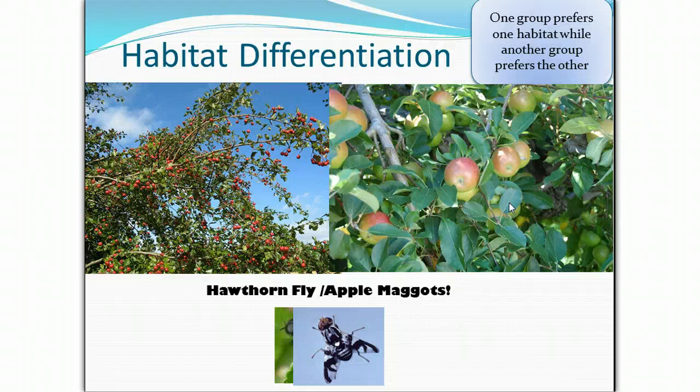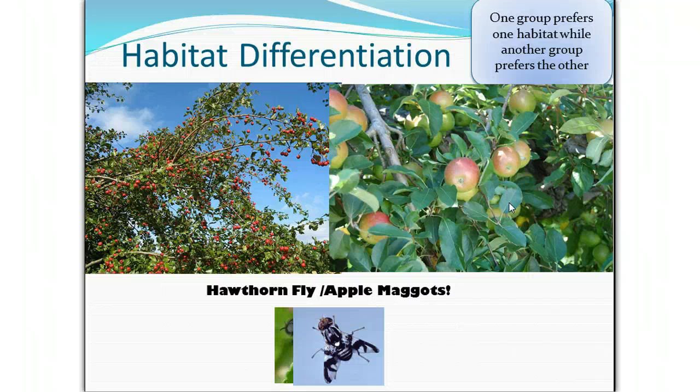So the hawthorn fly is common in our climate here, and it is an example of a population that is currently evolving. There are different populations that are feeding on different types of fruit. In North America, in the early 19th century, apples were first introduced to the area, and there was a subpopulation of what was then called the hawthorn fly that preferred to eat the apple fruit.